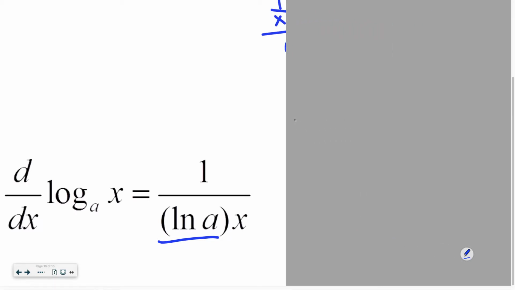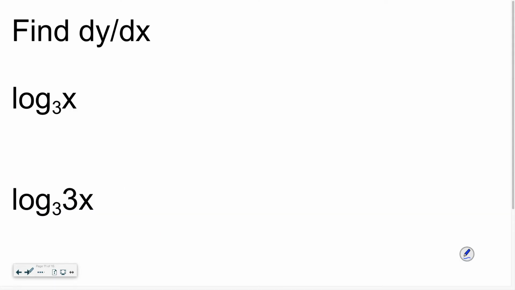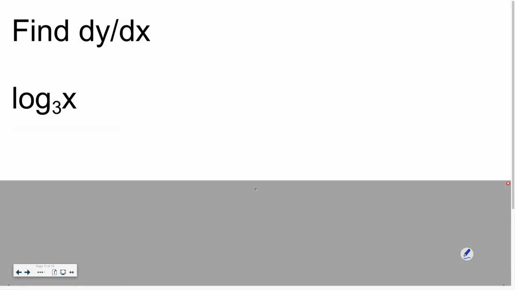If there is some sort of a chain rule, please don't forget about the chain rule. So if it's f of x inside instead of x, then we would have to multiply by the derivative of the inside. Okay? So let's practice that rule. Log base 3 of x is our first equation.